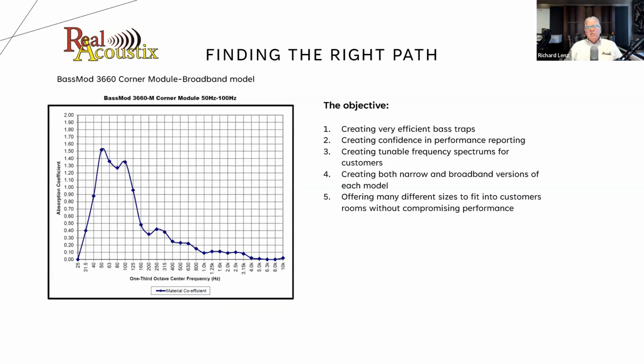But if we want to do a broader module, we have that capability as well through some other creative methodologies that we've used in the design of the units, that allows us, in this case, to go from 50 to 100 with quite a bit of efficacy. You're looking at 1.5 and up to 100 at 1.33. That's beyond anything that we've ever seen before, and I think anything anybody else can offer.